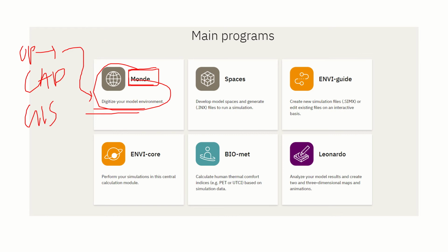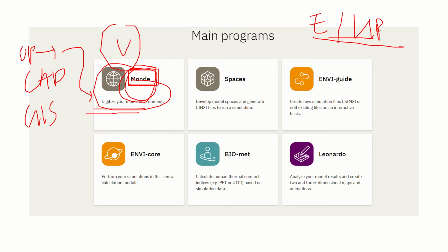Actually, this is a vector-based tool. However, ENVI-met is a grid-based tool. I was just referring to it. So there has to be some conversion from vector to grid. Probably we'll not be discussing it in this introductory session, but remember that we can do this also.